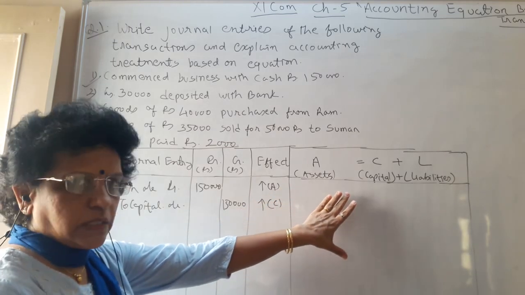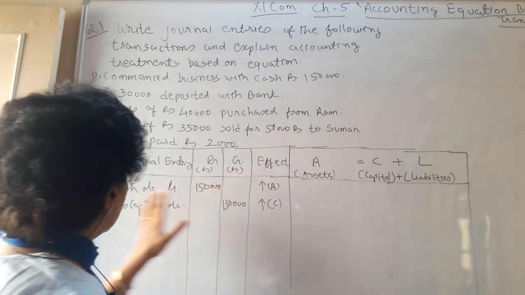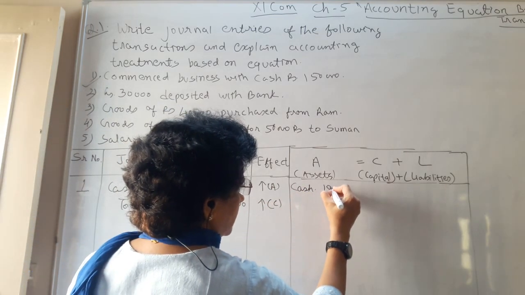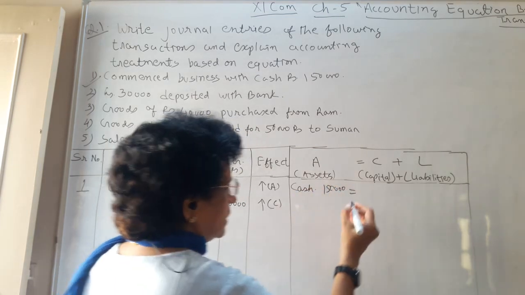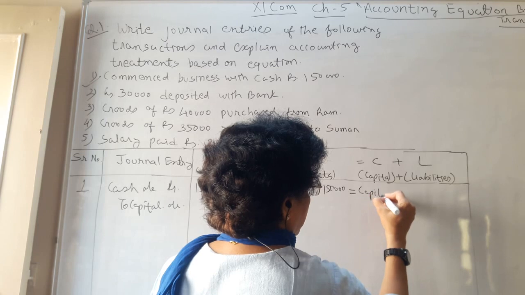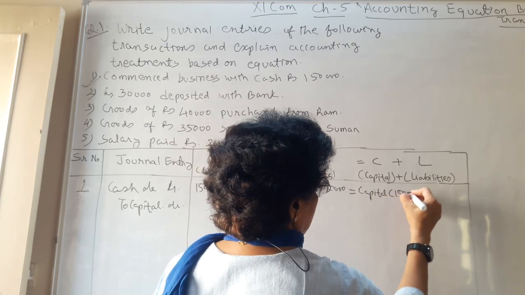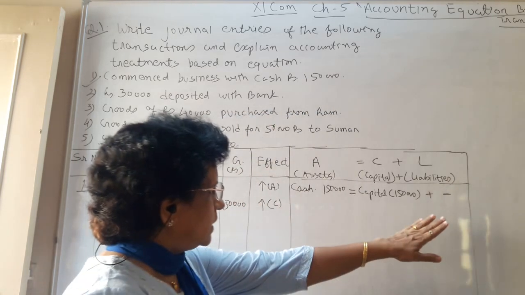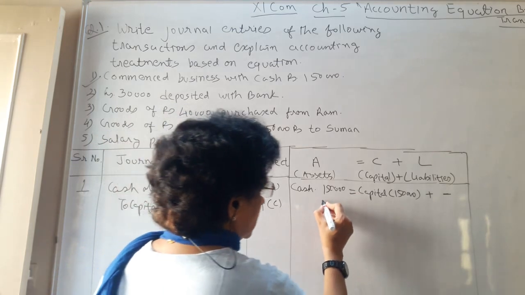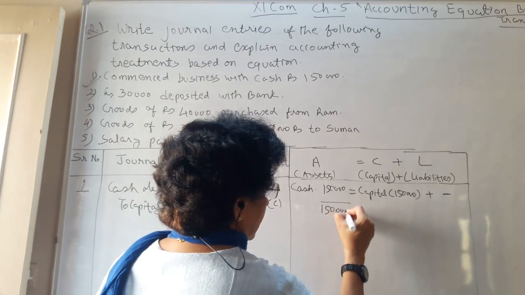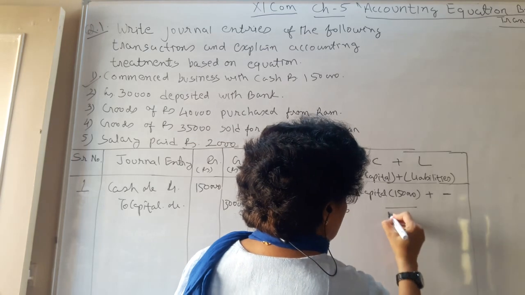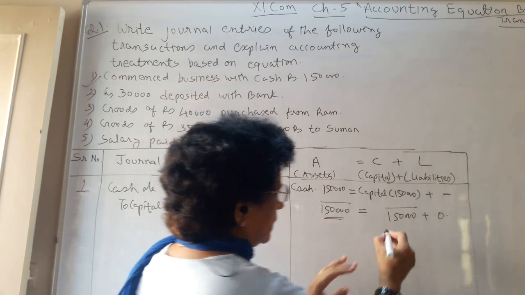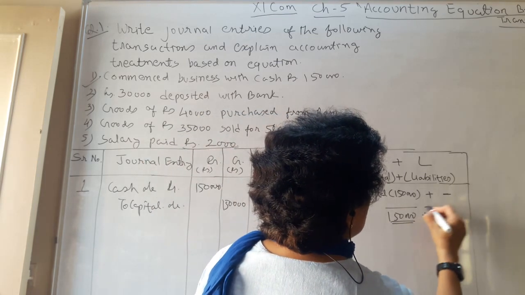Now in equation form, what we are going to show is that one of our assets, cash, increases by rupees 1,50,000, which is equal to capital, that also increases by 1,50,000. There is no change in liability, so that remains the same. If you do the total of the equation, you will get the same answer. C is 1,50,000 and here L is 0. So 1,50,000 and 1,50,000 is the total.